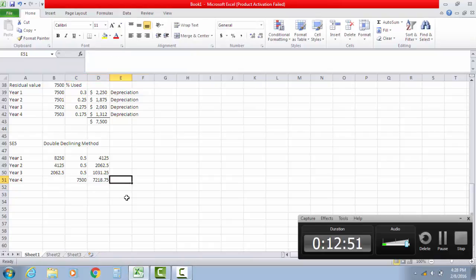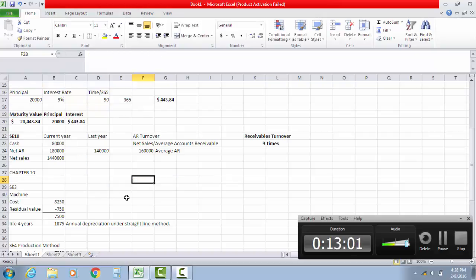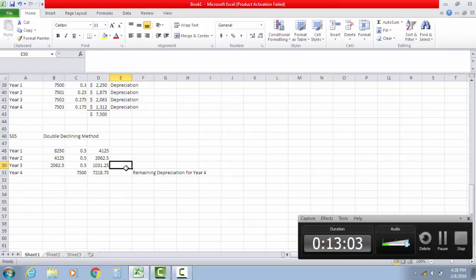So then the remaining depreciation for year 4 is the 7,500 less the 7218.75 that you've already depreciated. So your remaining depreciation for year 4 would be $281.25. Now notice you then, on the last year, do take out the residual value of the 750.